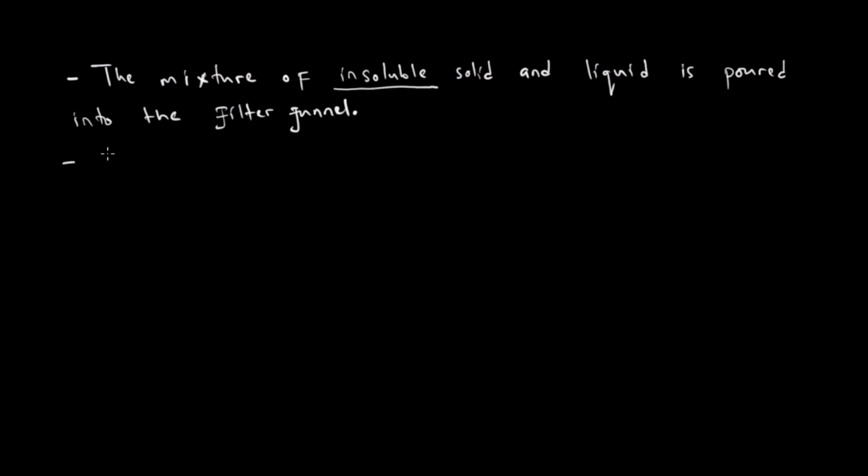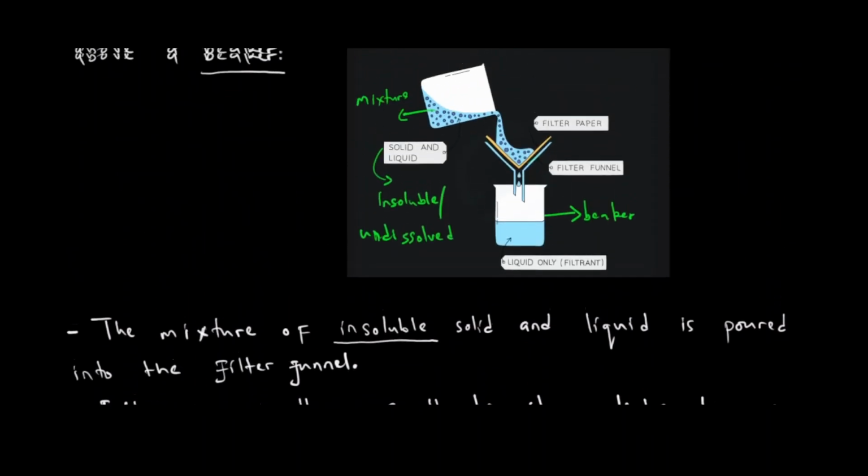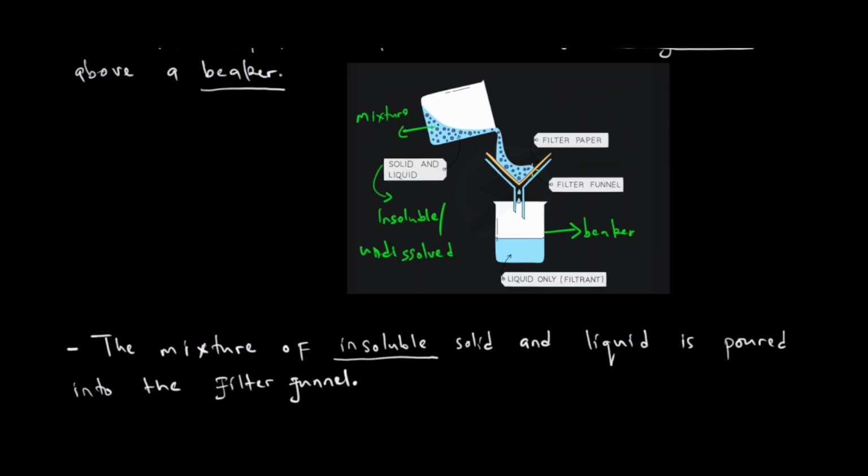Then our next point. Now the next point is the filter paper allows the small liquid particles to pass through in the filtrate, like what we can see here, the small liquid particles are passing through in the filtrate, you see.